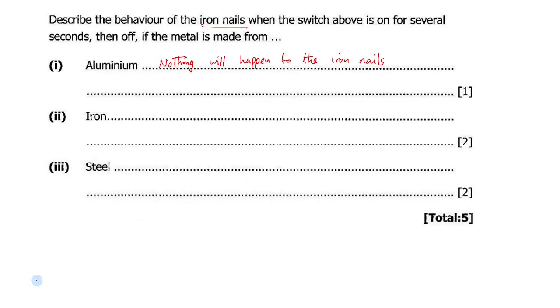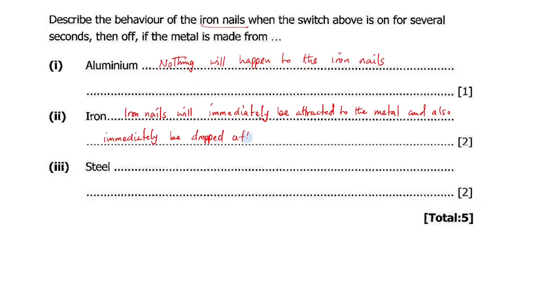So you say here, iron nails will immediately be attracted to the metal and also immediately be dropped after the switch is turned off.